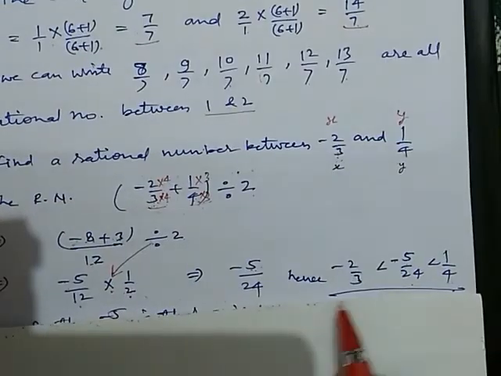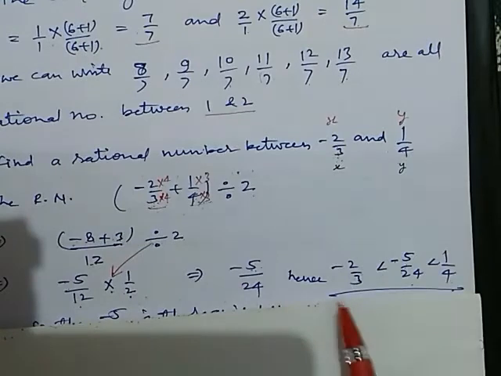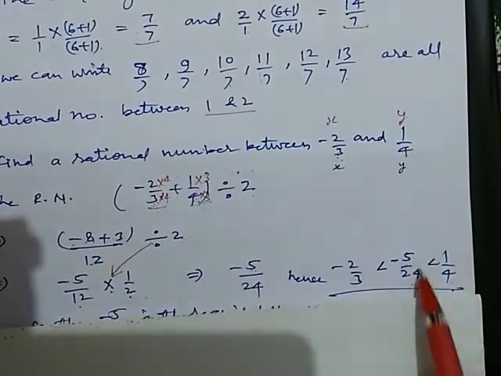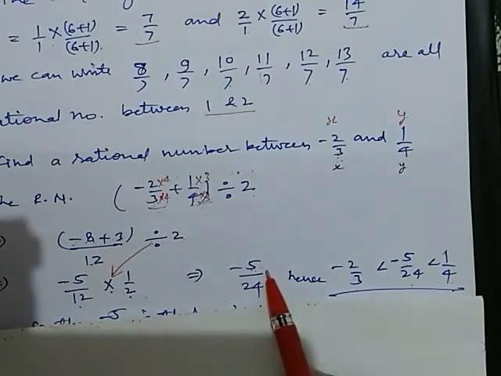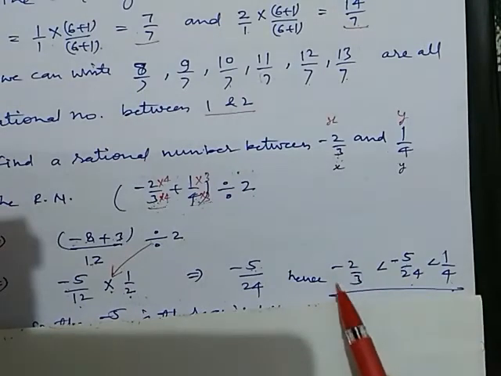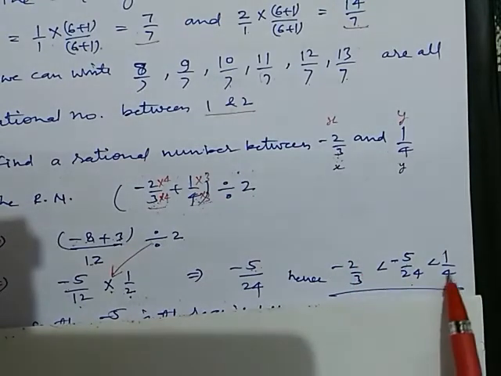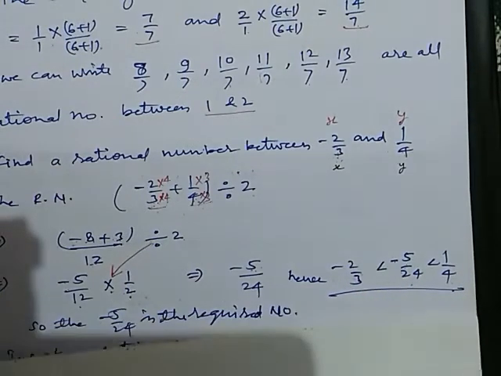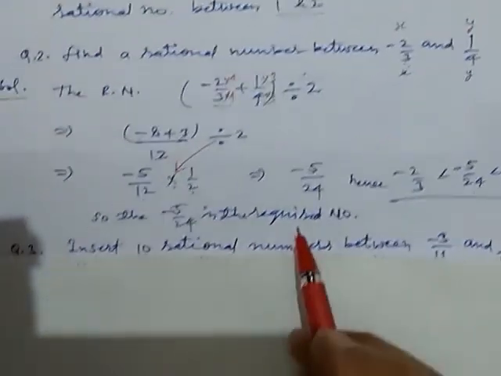Hence the number in between them is minus 5 by 24. This minus 5 by 24 is greater than minus 2 by 3 but less than 1 by 4, because this is the mean of these two numbers. So minus 5 by 24 is the required number.